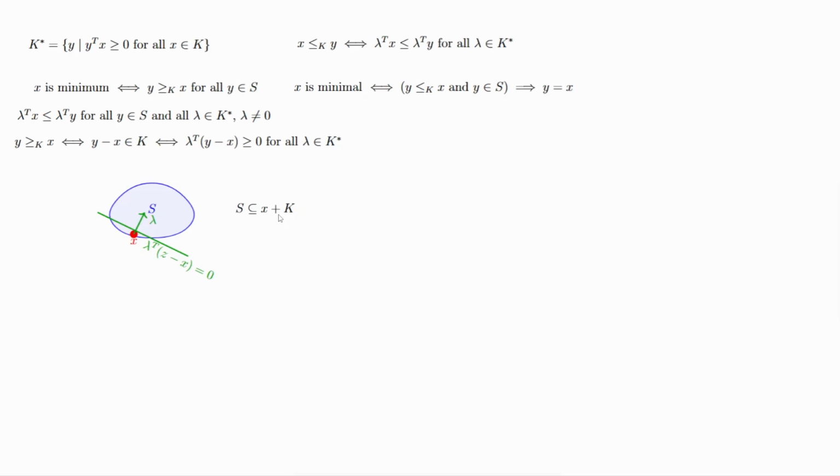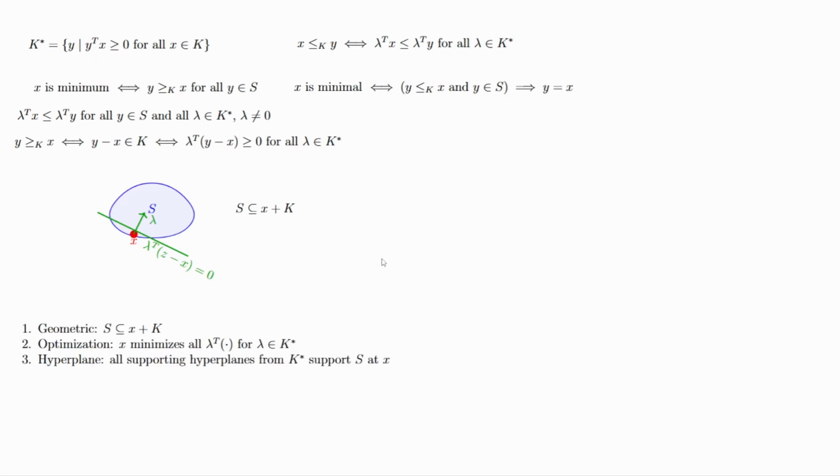So this is exactly the geometric condition of X to be a minimum we saw earlier, right? So now we have three equivalent characterizations for the minimum element of a set. The first one being obviously that the set S is a subset of X plus some offset, which is the cone.